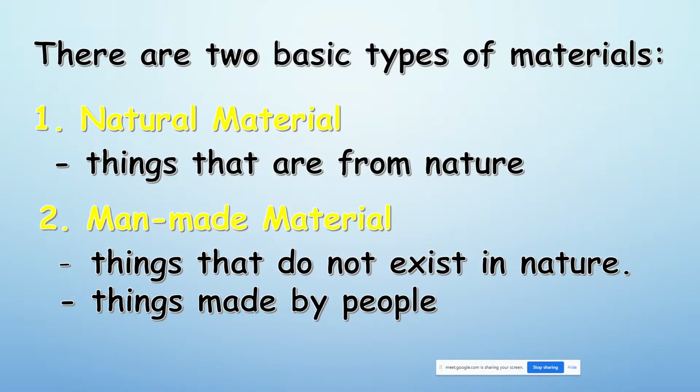It's a glass that can be broken. Glass is from sand. Do you know sand? Yes. It means people had to gather the natural material, the sand, and then prepare it and process it to become glass.